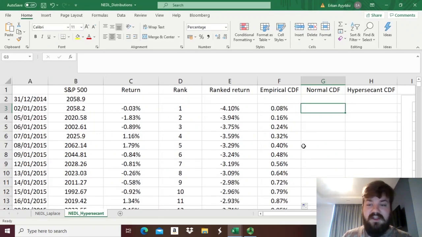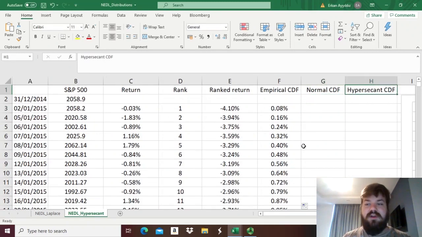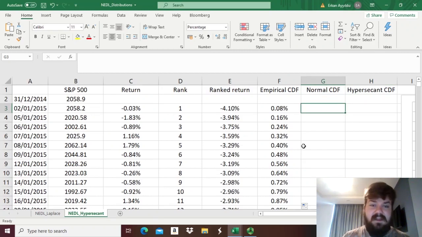So now, let's just fit both the normal distribution and the hypersecant distribution onto this real-world data and see which of the distributions gives us a better fit.